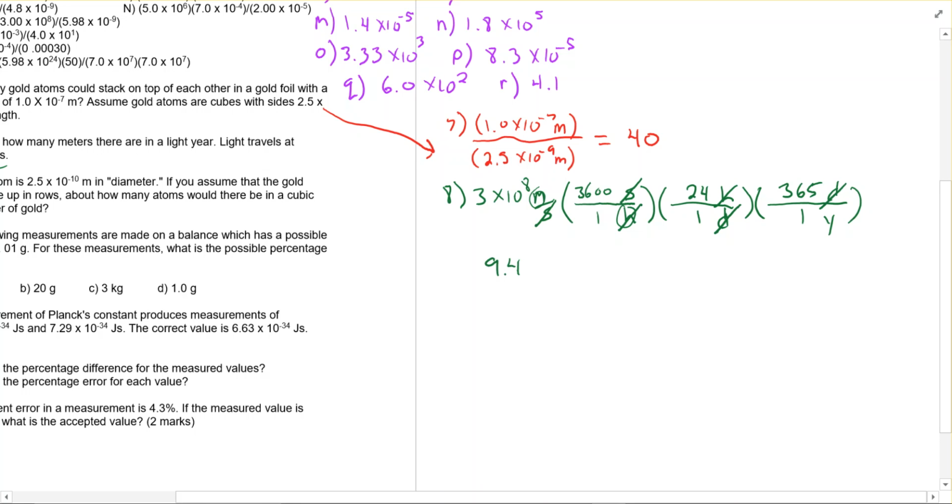Because I only had one significant digit, my original one. So I'm going to say just 9 times 10 to the 15 meters every year. And that would be my answer.